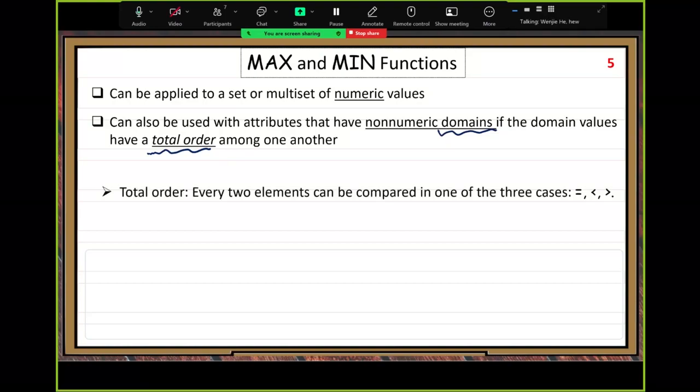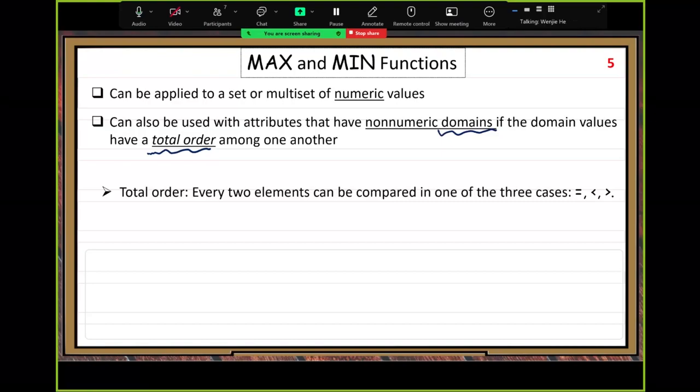Total order means every two elements can be compared in one of 3 cases: equal, less than, or greater than. That's the total order. Another related concept is called a partial order. But because we do not use partial order here, we do not need to spend time talking about it. In a partial order, sometimes you can compare, sometimes you cannot.